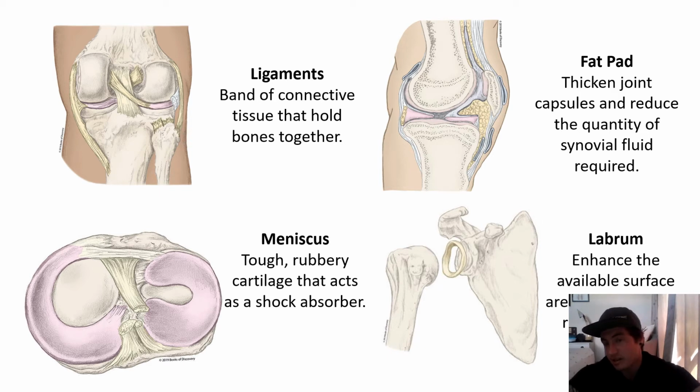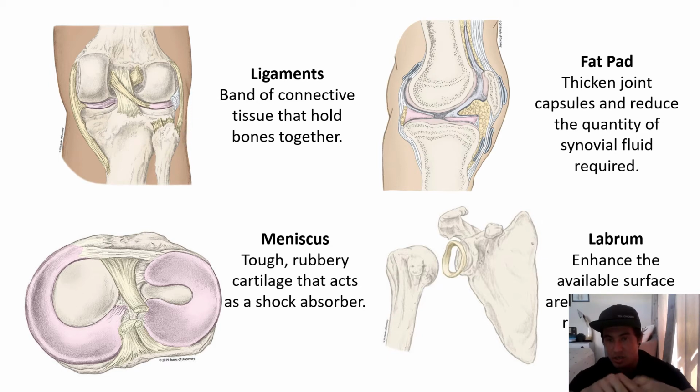If we think about a knee, walking, running, jumping, there's compression happening there. The articular cartilage is not designed to withstand compression, so we have meniscus. And often meniscus structures can be torn during knee injuries.